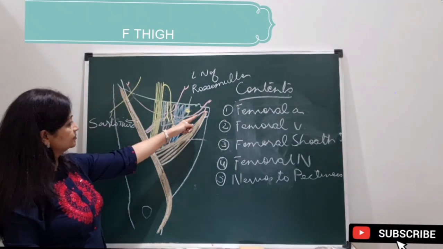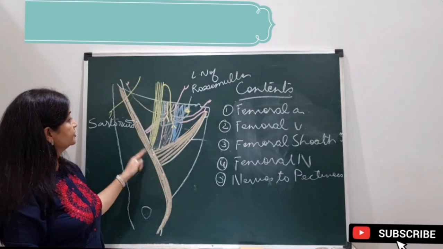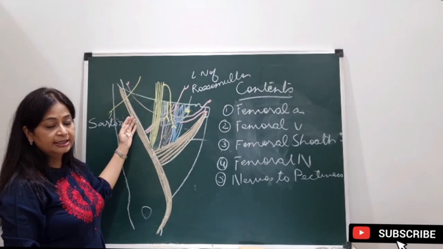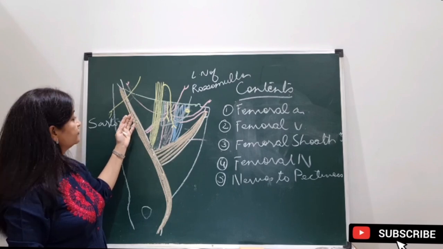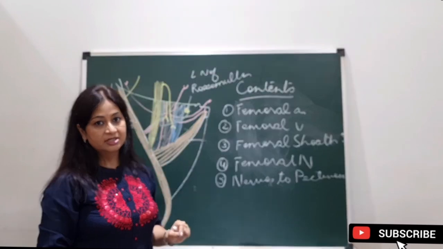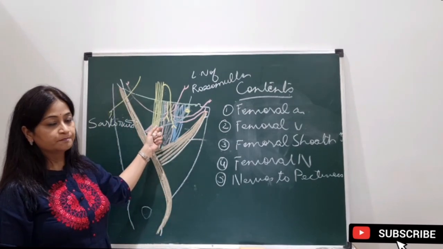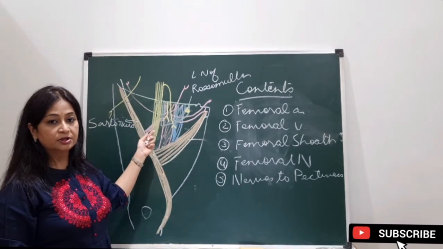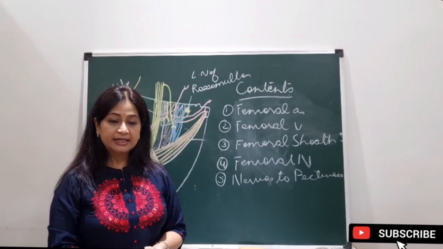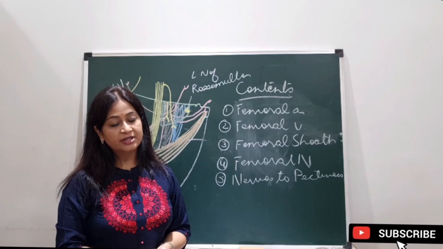This is the lateral angle, the medial angle, and the inferior angle. So we have seen the nerves which are a content of the femoral triangle. Apart from that, the deep inguinal group of lymph nodes are also located here in the femoral region. Okay, so these were the main contents of the triangle, the boundaries.